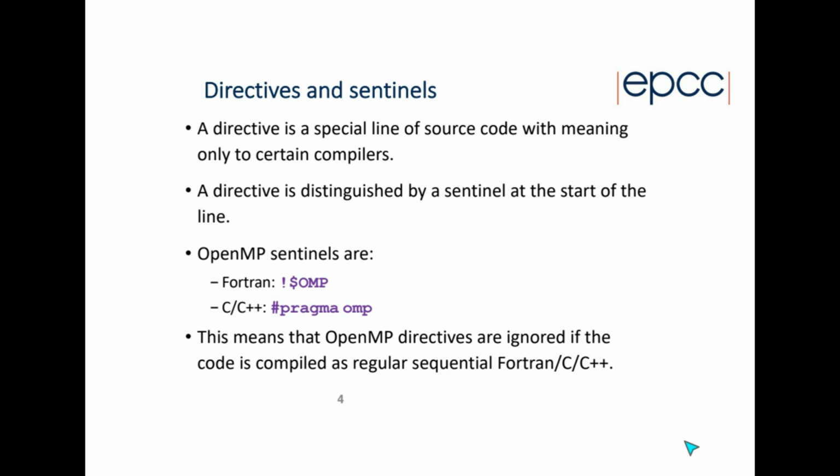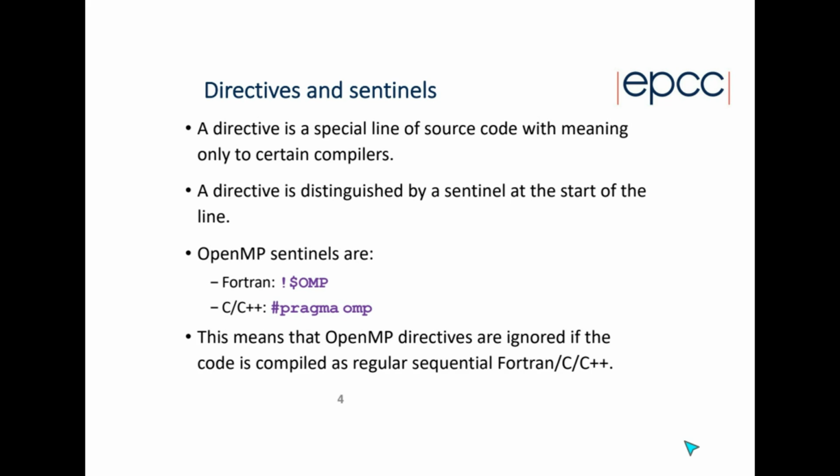The reason it's done like this is that it makes it easy for the compiler to ignore OpenMP directives if the code is just compiled as regular sequential Fortran, C or C++.